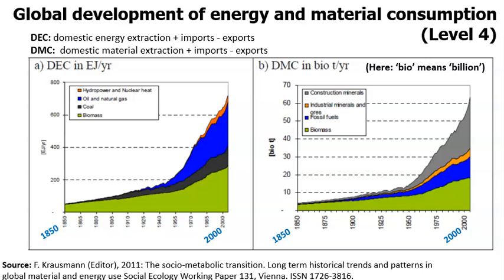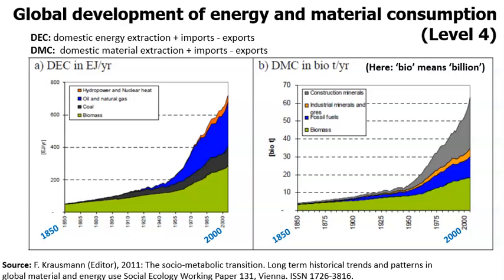We continue our journey through the system level indicators for sustainable development, and very relevant indicators as well are the total global energy consumption and total global material consumption. So on the left part you see the big increase in global energy consumption since the beginning of the Industrial Revolution, divided into biomass and the fossil fuels, coal, oil and natural gas mostly.